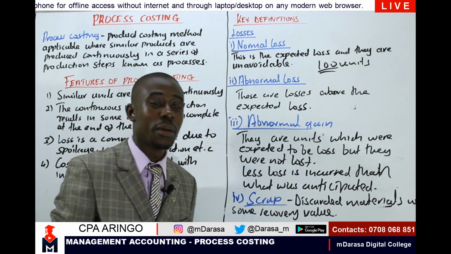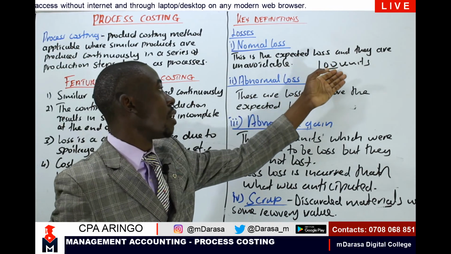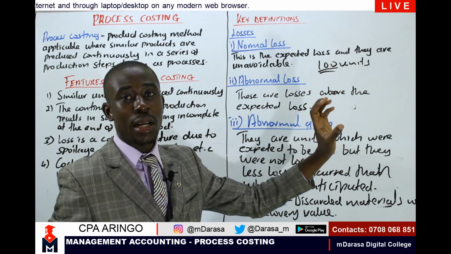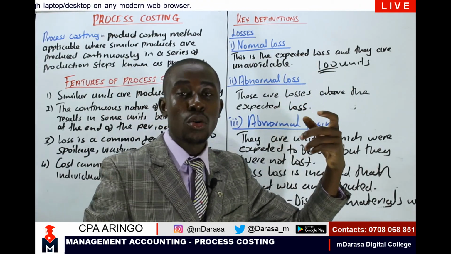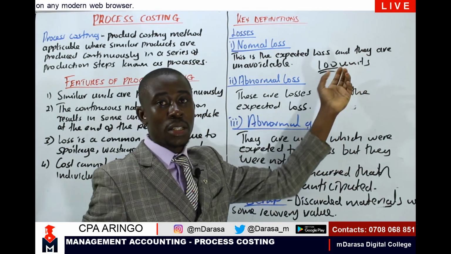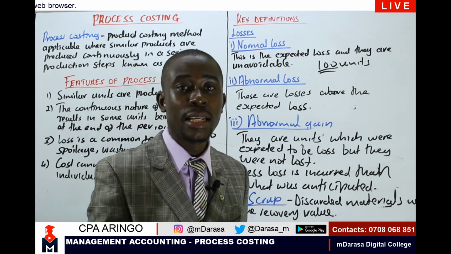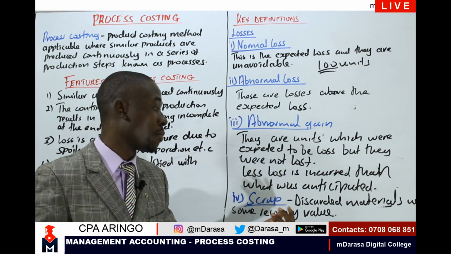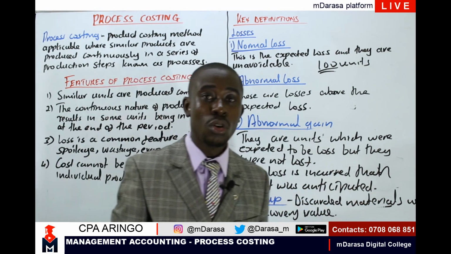Mark that very well, my good students. You are saying, at this point, I'd anticipated to have 100 units as loss. Then we've realized that out of 100 units, probably I can dispose of 50 units. So these 50 units that I've realized I can still get value out of are what you're going to term as scrap, the discarded materials with some recovery value.